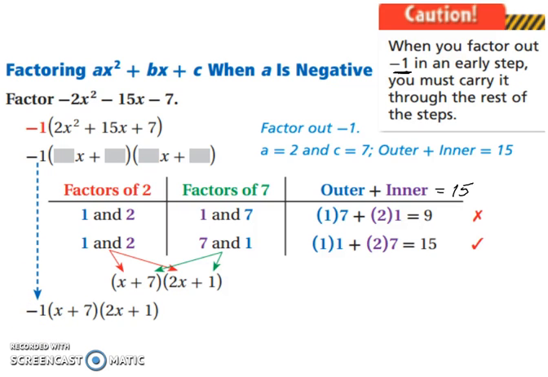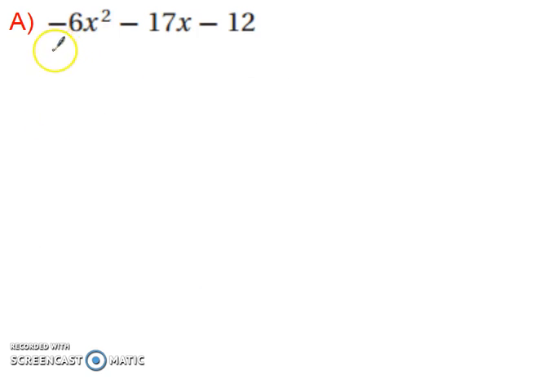Let's try one together. So we want to factor out a negative 1. So we factor out a negative 1, leaving us with 6x squared plus 17x plus 12. We're now going to factor just this piece here.